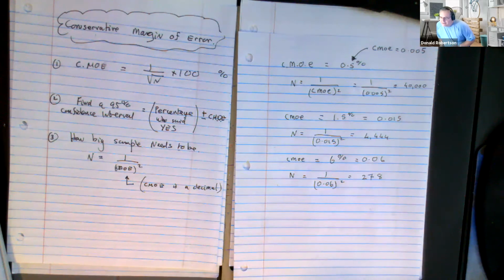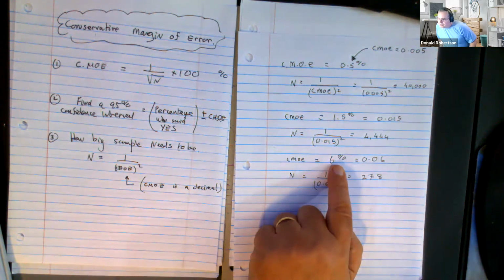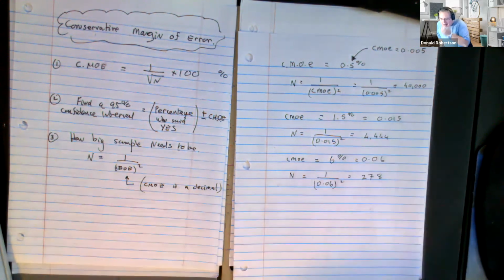So be really careful when you hear information about surveys, they tend to call them polls, on TV or radio, especially ones that are concerned with politics or something that's important. Pay careful attention to what the margin of error is. Because if it's anywhere close to 6, 5%, something like that, I tend to pay no attention to them, because it almost always means the sample was tiny.